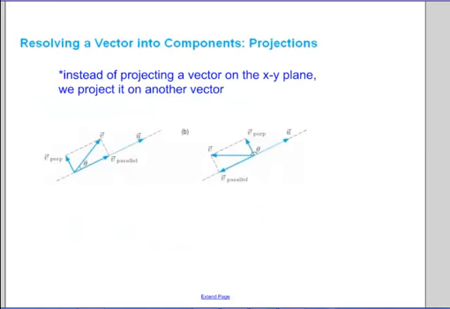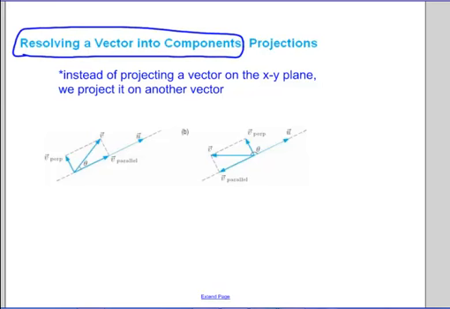Okay, one of the things that we will often want to do is something called resolving a vector into components. And this idea is given the term projections. So we're going to be projecting a vector onto another vector. Well, what do we mean? Because we've actually done projections before.